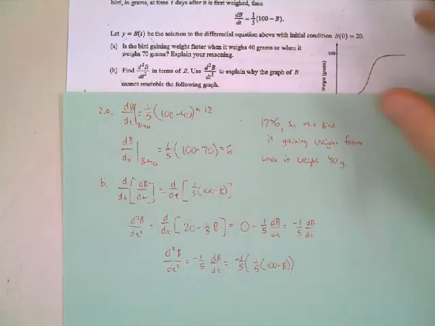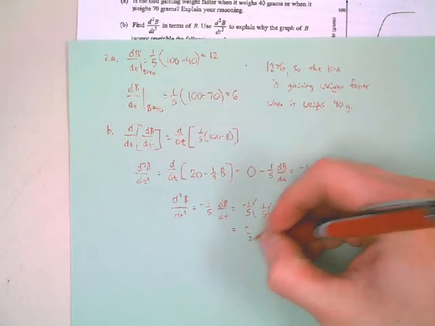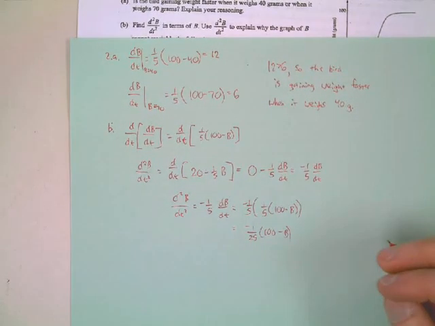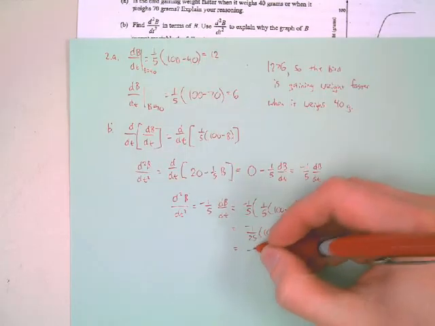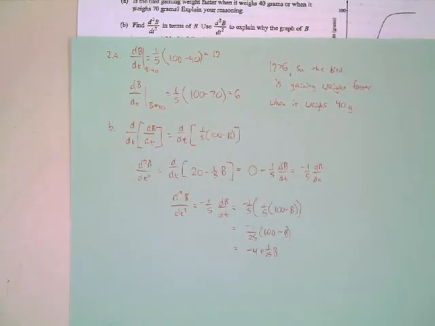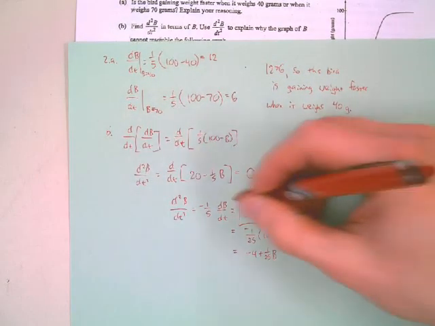So let's try and simplify this a little bit. So it becomes negative 1/25 times 100 minus B. Okay, which is then negative 4 plus 1/25 B. Okay, you could have stopped right here. I mean, this is a fine answer there, but I want to simplify it a little bit because we still have some more work to do.